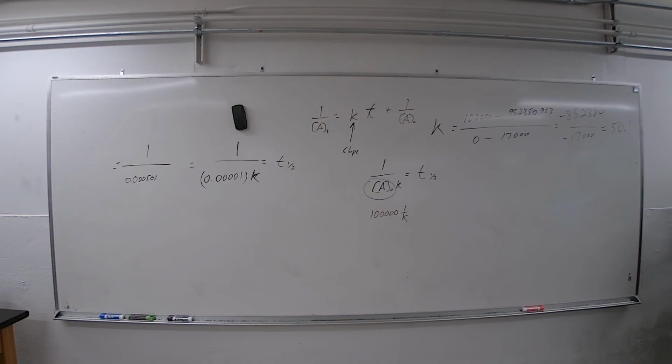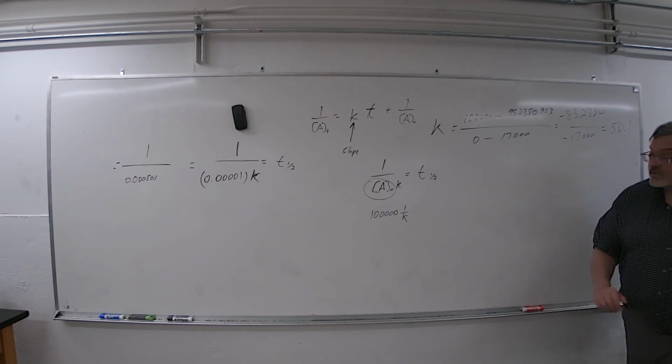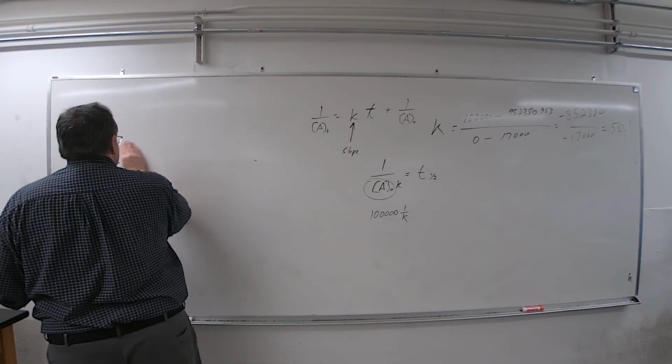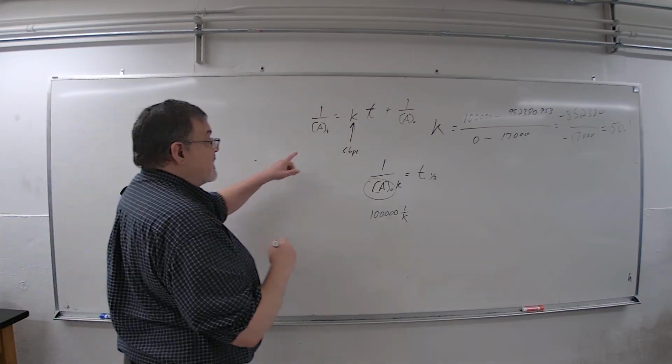How did the book have you do it? Okay, let's just do it the way I did it. All right, this one, number 4. So you see it's the natural log one that's linear. And of course that is first order. So the first order equation, you have natural log here.